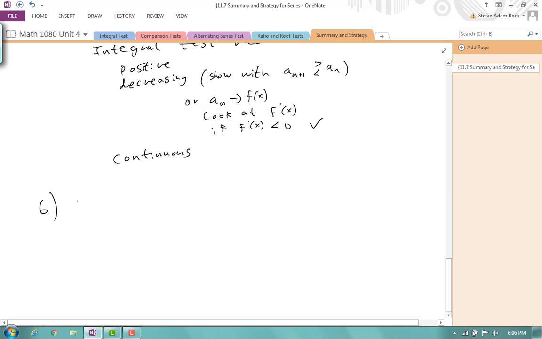If my series looks algebraic, then I'm going to want to compare or limit compare to a p-series.